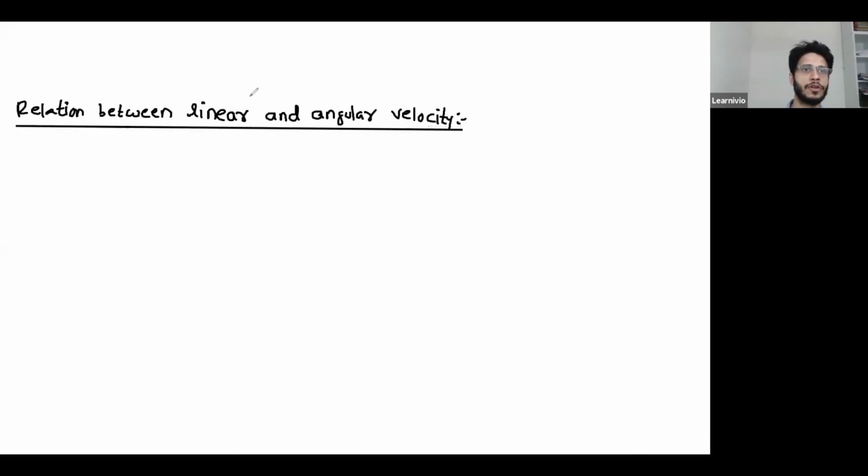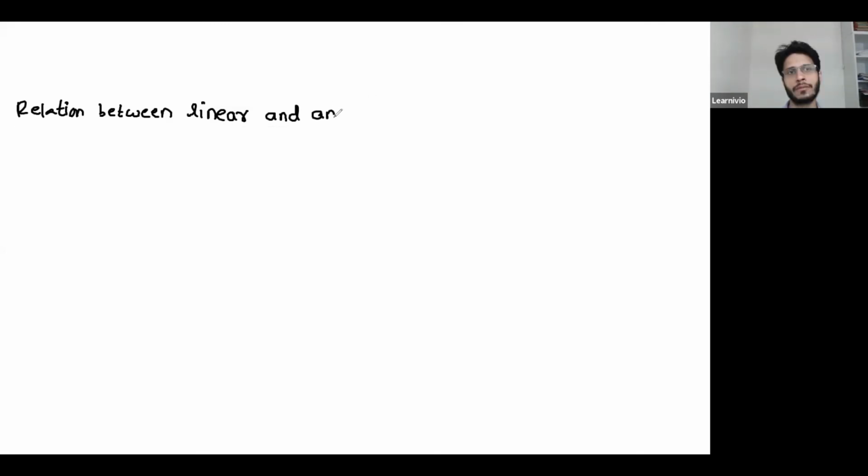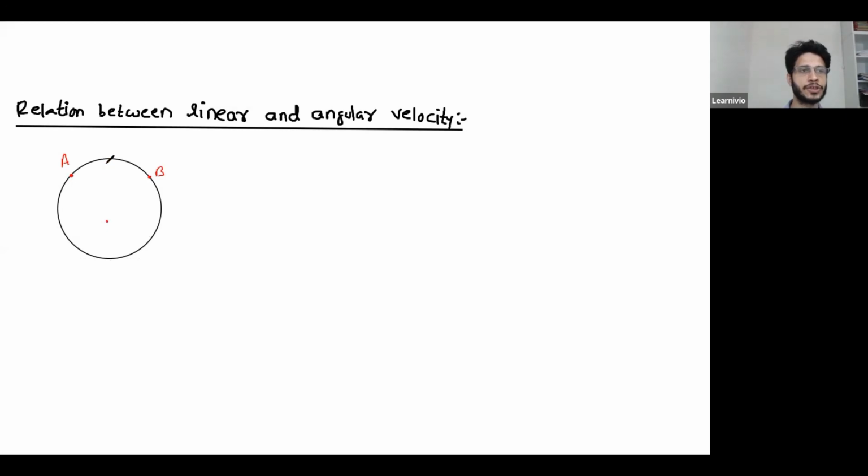The next is the relation between angular and linear velocity. If a body is moving on a circular track in this way, this is the direction of angular velocity. The direction of linear velocity would be the same as that of linear displacement. What was the direction of linear displacement?